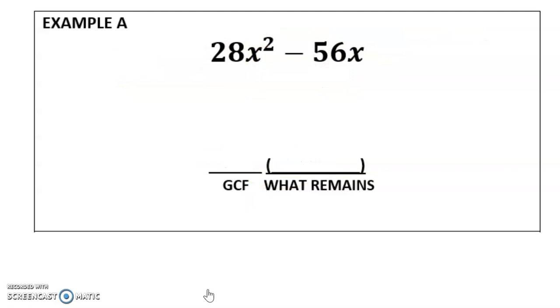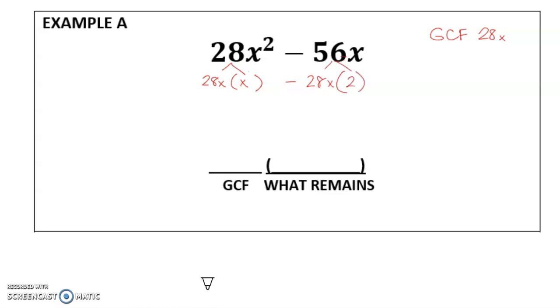Another way that you could think about this is if I know my GCF is 28x, then I could think, okay, well, if I have 28x times what gets me 28x squared? Well, 28x times x. And then over here, if I did 28x times what will equal 56x?